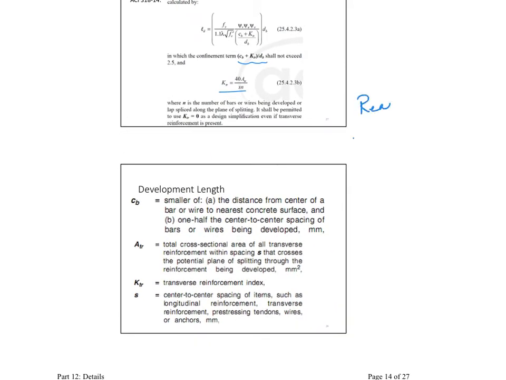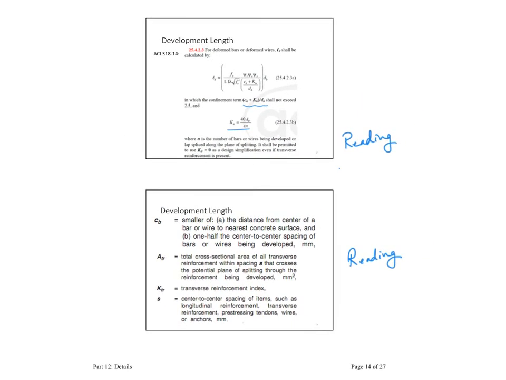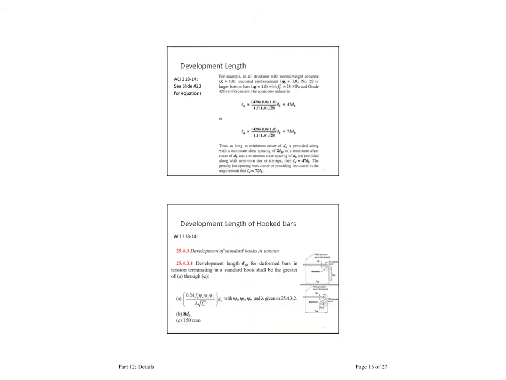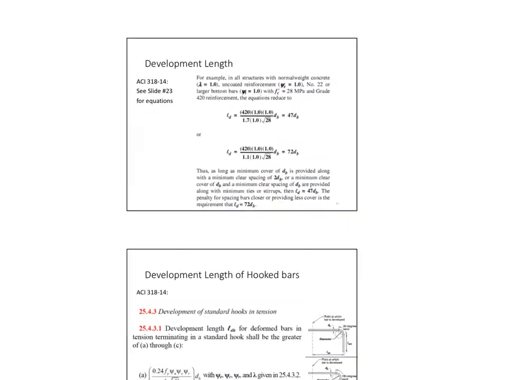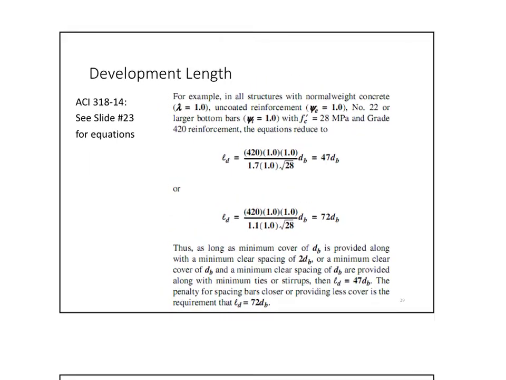This here is for reading to know the other method. The more used method is the method that we talked about, the 4 equations that we use. They are straightforward. Now they developed even tables to get into the table and find the development length for each bar right away.